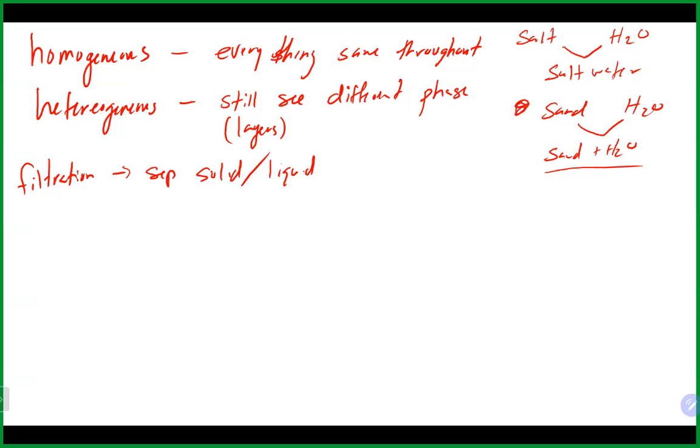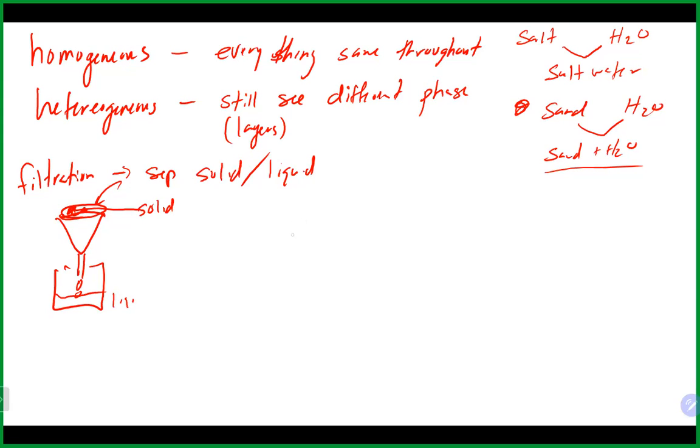And to do that, you take a funnel, a little piece of filter paper, right? You pour your mixture in there. All of the solid gets trapped on the filter paper. And all the liquid part goes through there to your beaker that's going to hold it. That's a really good way to separate out a lot of times a solid from a liquid, like a lot of heterogeneous mixtures might be.